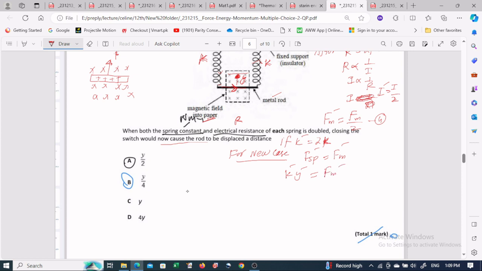K dash is 2 times the original value, so K dash is equal to 2k, and y dash we need to find. F magnetic is half of that value, so y dash is equal to F magnetic over 2 into 2 into k, so F magnetic over 4k.